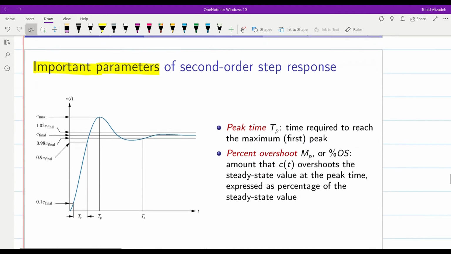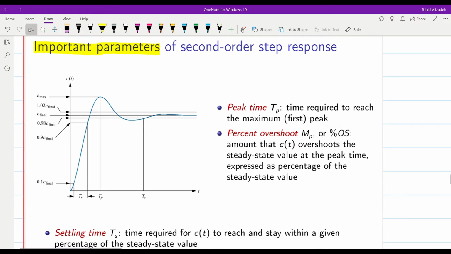However, for the underdamped systems, if you remember, the step response is a bit different. We have some oscillations at the beginning, and then after a while, the response settles down. For this kind of second order systems, in the case of step response parameters, we define a couple of parameters which we didn't have before.